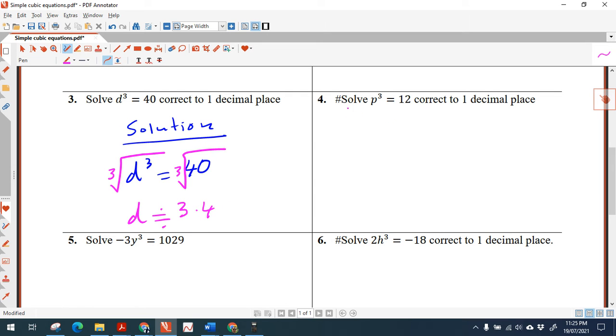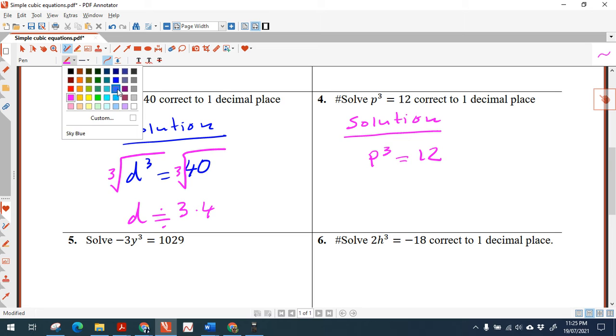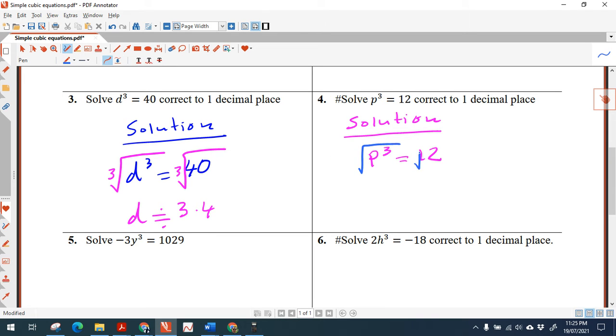Now, you're going to do the hashtag question by yourself. Okay, so we've got p cubed equals 12. We are going to cube root both sides.